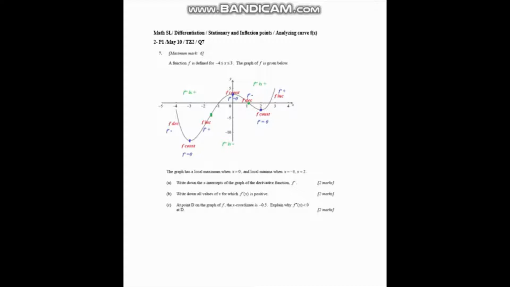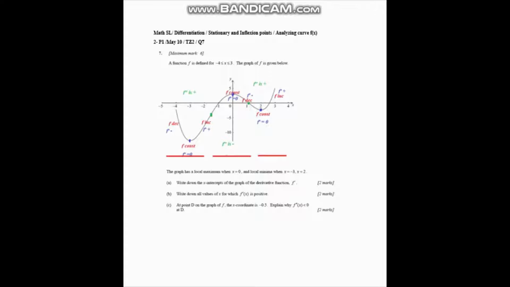Finally, I identified the parts of the graph where f double dash is positive or negative. So for this first region right there, this is a smiling or concave upwards part, so f double dash is positive, followed by a frown, so f double dash is negative, followed by a smile, so f double dash is positive.